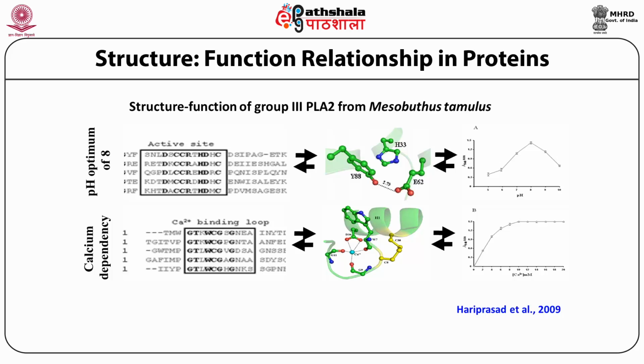This conserved loop is also maintained at the three-dimensional structural level, where you see a very beautiful arrangement of glycine and tryptophan alongside aspartate 34, which contributes carboxyl oxygens, thereby coordinating the binding to the calcium ion.